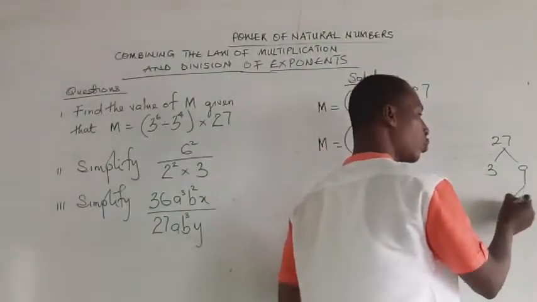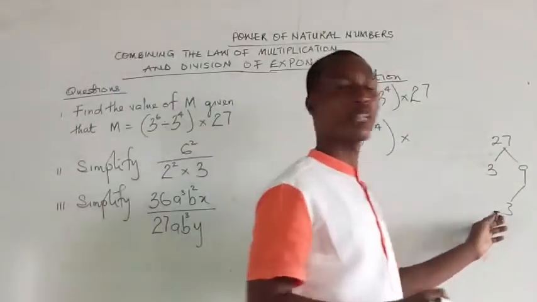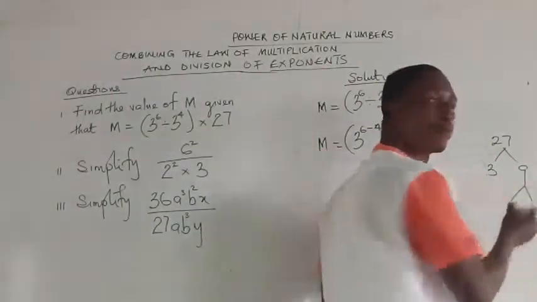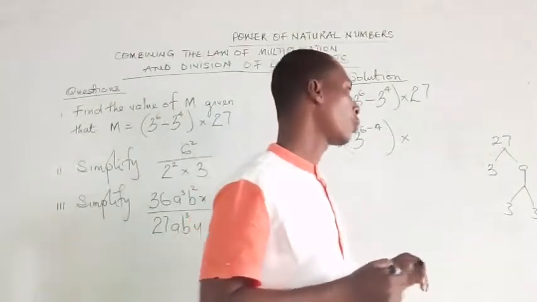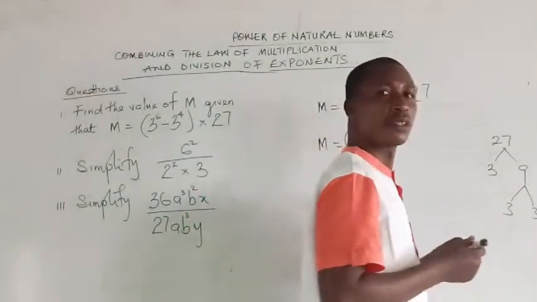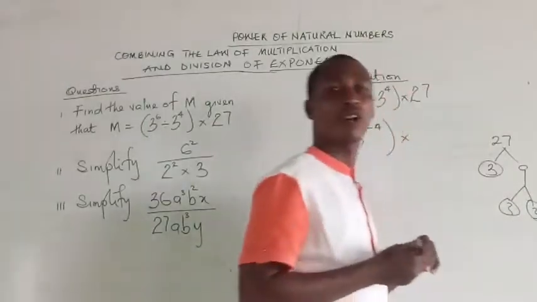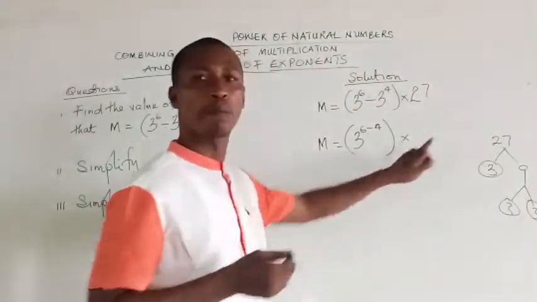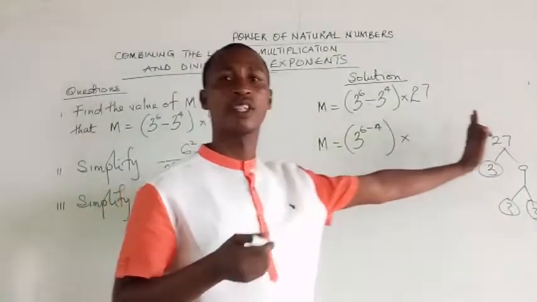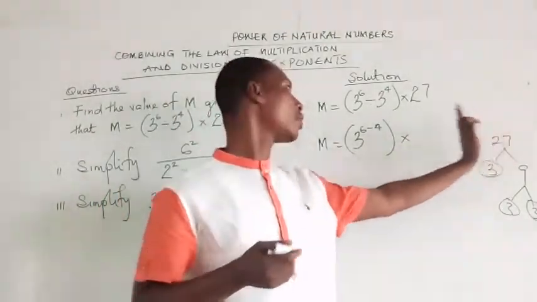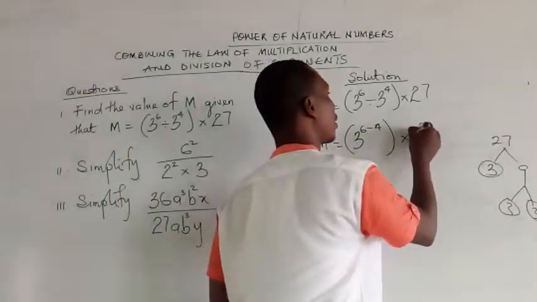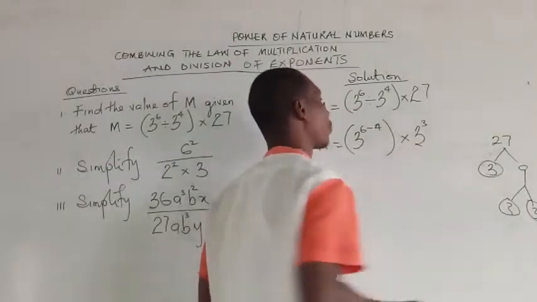And I still have to use 3. 3 will go into 9, 3. So for 27, I will have 1, 2, 3. I've got 3 occurring 3 times. So in place of 27, you got 3 to the power 3.